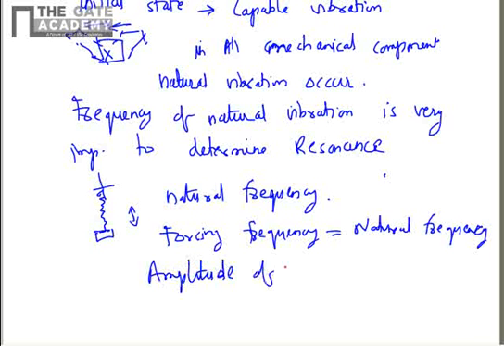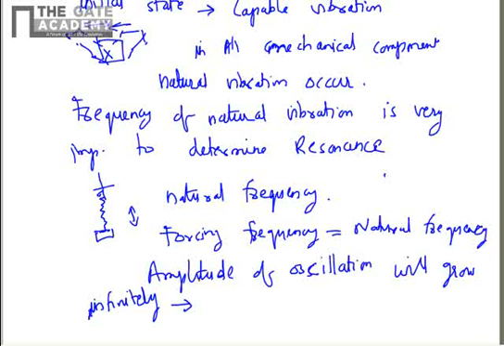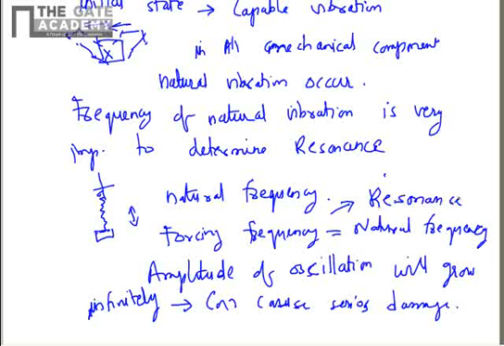So in such cases, the amplitude can be detrimental, can cause serious damage to the material, and it can even cause the material part to break. So such conditions where the forcing frequency is equal to natural frequency are called resonance.